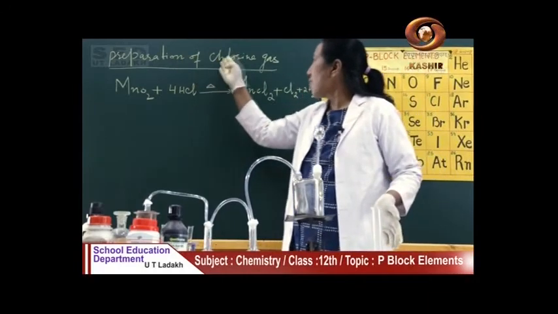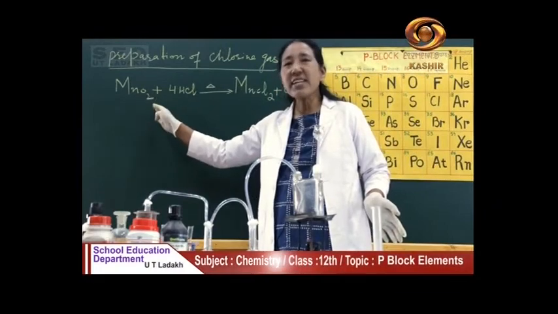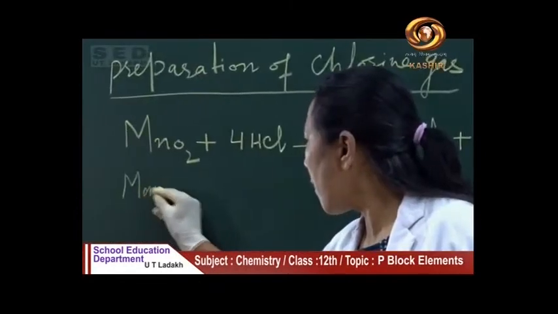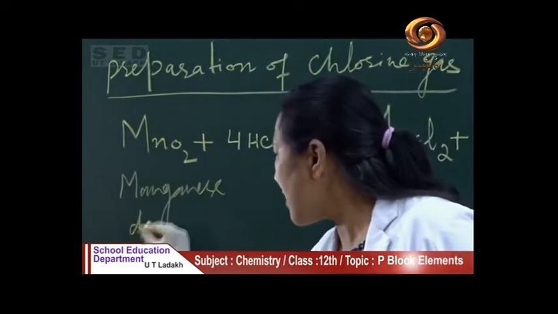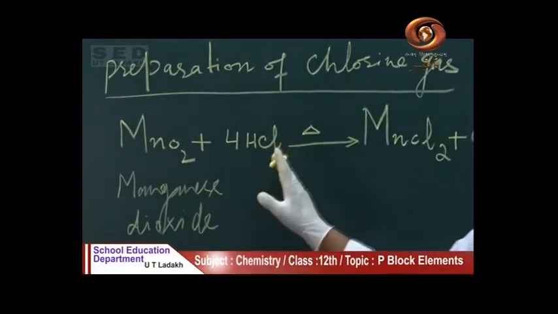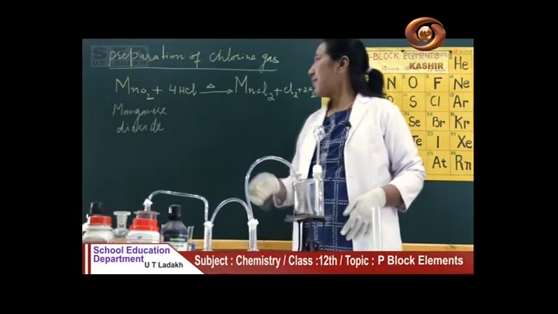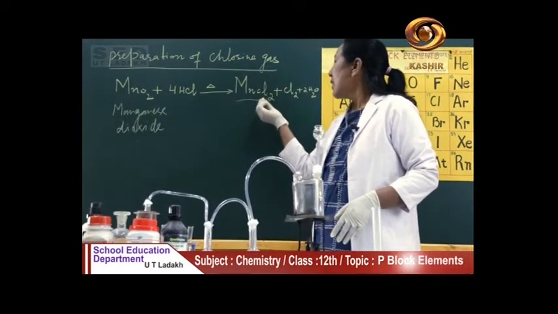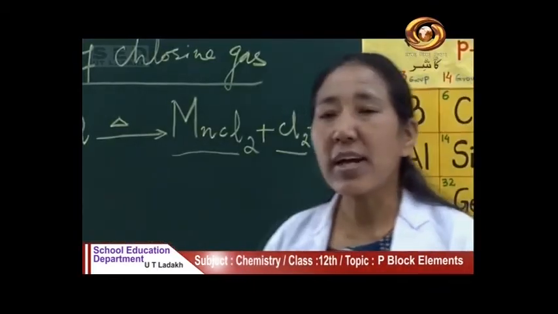For the preparation of chlorine gas, we need manganese dioxide and HCl, and we will heat it. We will get manganese chloride and chlorine gas, and water as a byproduct.